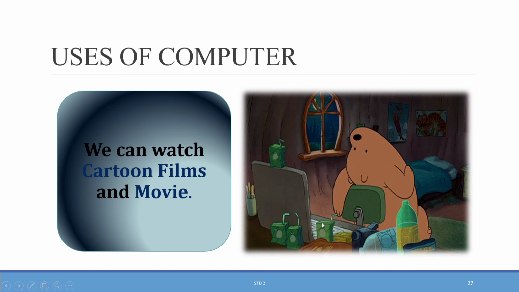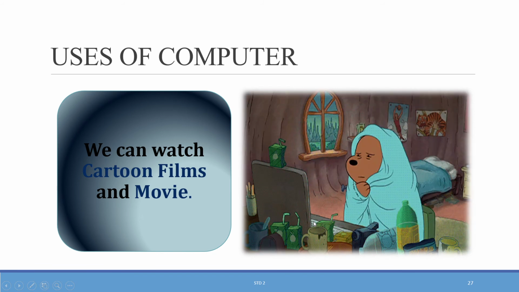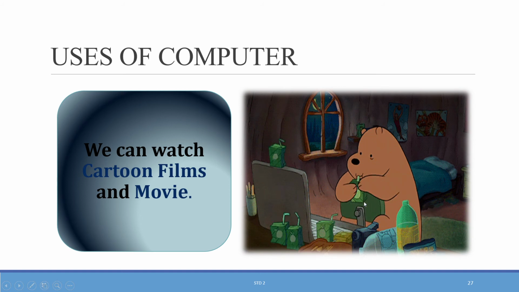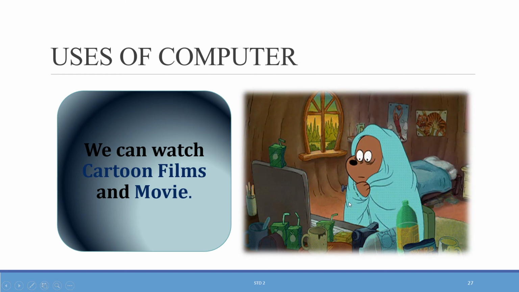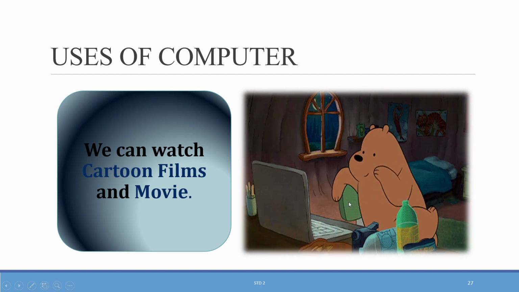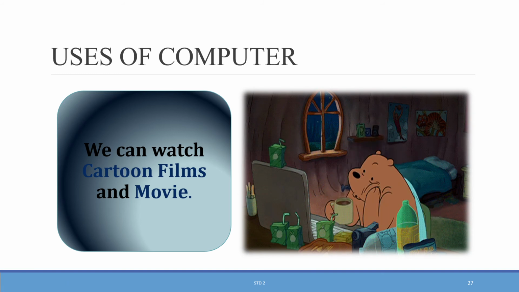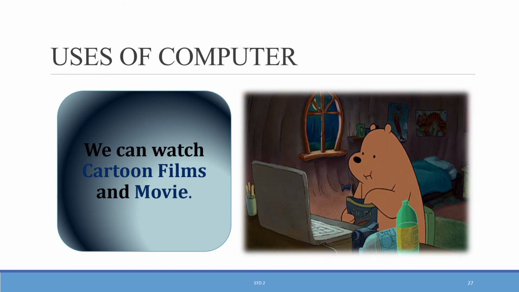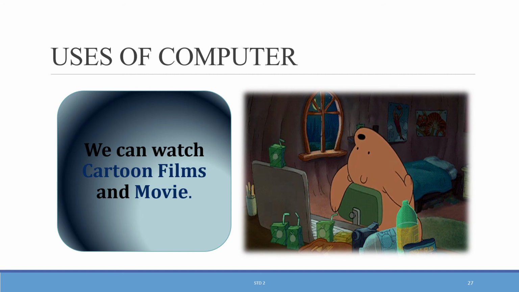It has a laptop, right? So it is also one kind of computer. And what is it doing? It is watching cartoon films or movies, and eating some snacks, drinking something, and also chilling. See this one also drinking hot tea. Yes, day and night they are watching cartoon films and movies. So another use of a computer is what? To watch cartoon films and movies.